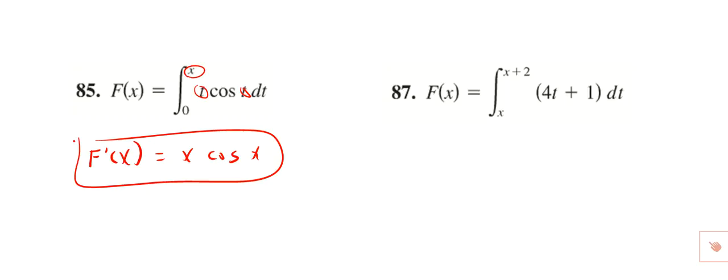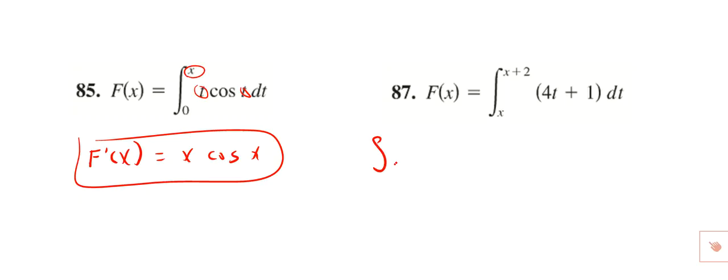Now, number 87 is a little bit different. We have the antiderivative of 4t plus 1 dt evaluated from x to x plus 2. So we have an x as our lower limit and an x plus 2 as our upper limit. So let's break this interval up into 2 separate intervals and see if we can rewrite this and use that second fundamental theorem of calculus.